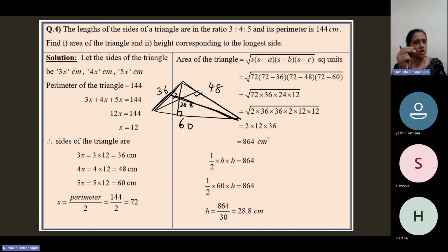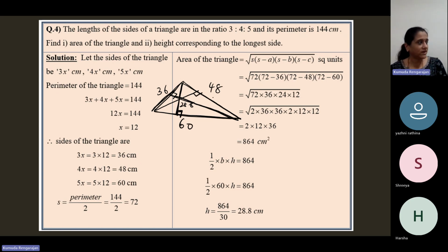If you want to find the shortest altitude of the triangle, take the longest side as the base. If you want to find the longest altitude, take the shortest side as the base. In this triangle, 60 centimeters is the longest side, but the altitude on it will be the shortest altitude.